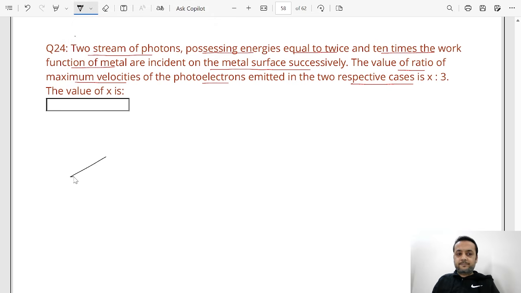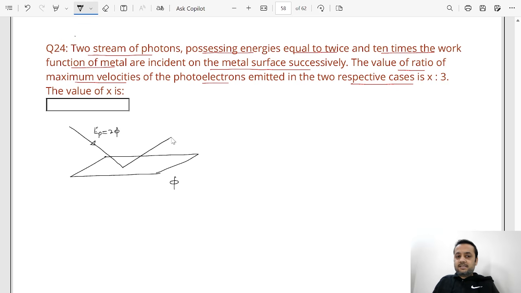Imagine that this is some metal surface which has a work function of phi. Now there are two streams of photons possessing energies equal to twice and 10 times. So let us say the first stream of photons has photon energy 2 phi. In this case, the electrons that will be emitted will have a maximum kinetic energy, let us say k1. Using Einstein's equation, the energy of the photon, which is 2 phi, is equal to the work function plus k max.